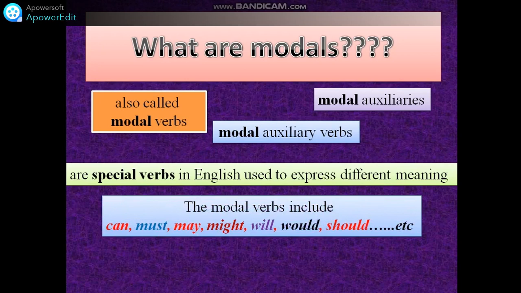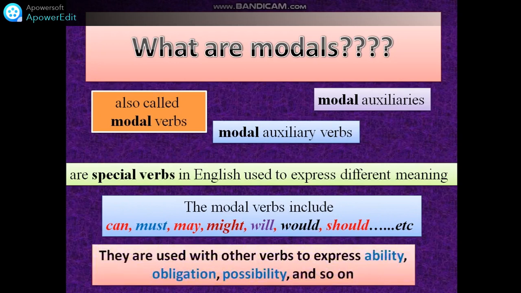The modal verbs include can, must, may, might, will, would, should, etc. There are a lot of modal verbs. They are used with other verbs to express ability, obligation, possibility, and so on.